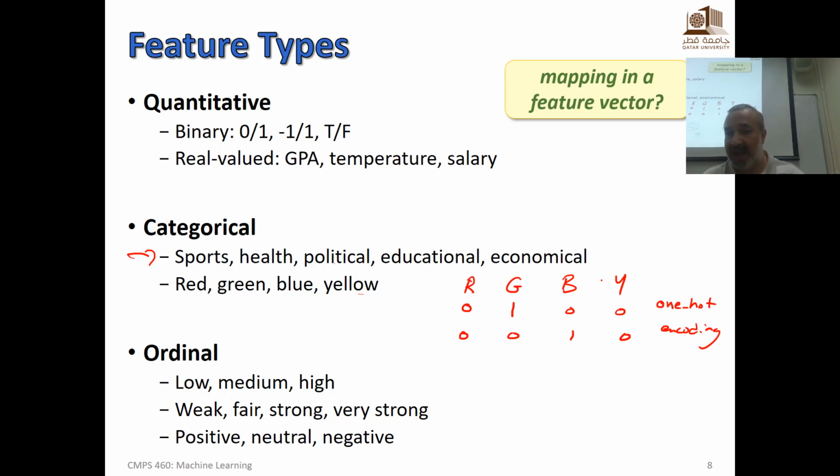Actually, if you look at every feature now, it is binary, right? It's either 0 or 1. So we convert the categorical feature that has n feature values into n binary features, and then we deal with the binary features as usual. Is that clear? Any question on this? So now you understand how we deal with the different types.